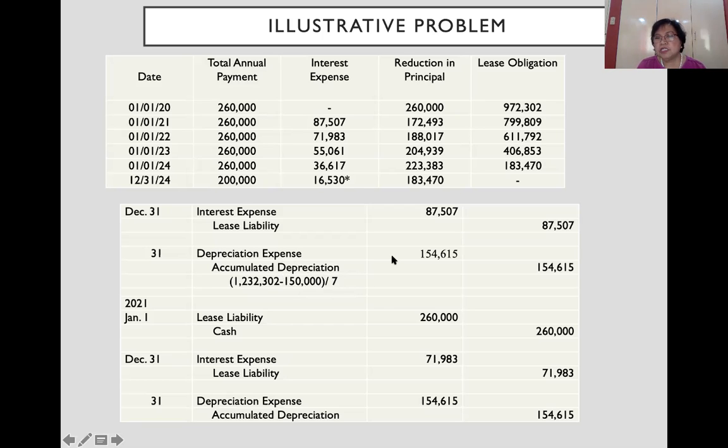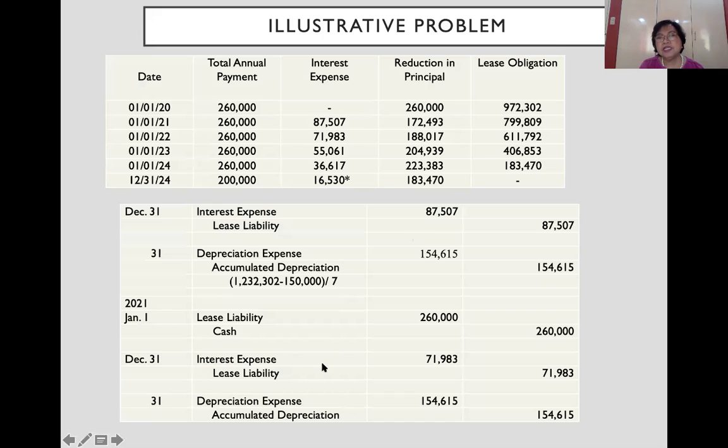So we debit depreciation expense 154,615 and credit accumulated depreciation 154,615. Then to record payment of lease liability, debit lease liability 60,000, credit cash 60,000. Then accrue again at the end of 2021 for your interest, and then record, update your depreciation.